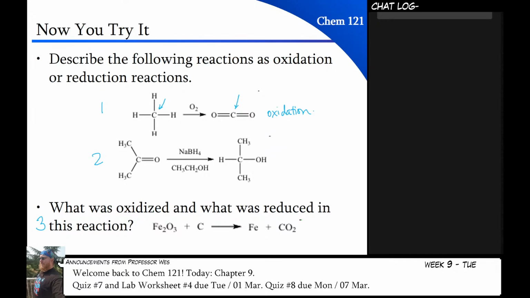For reaction 2, I have 2 bonds to oxygen. And then I apply something to it, and the result is I only have 1 bond to oxygen. So this was a reduction.